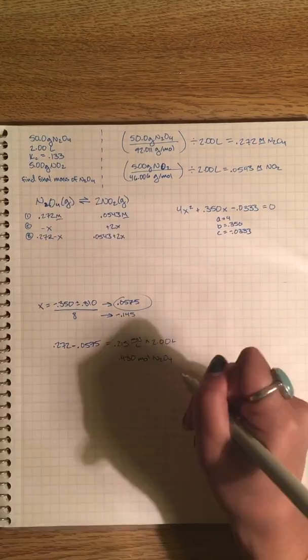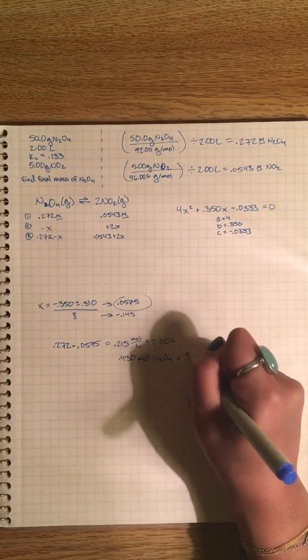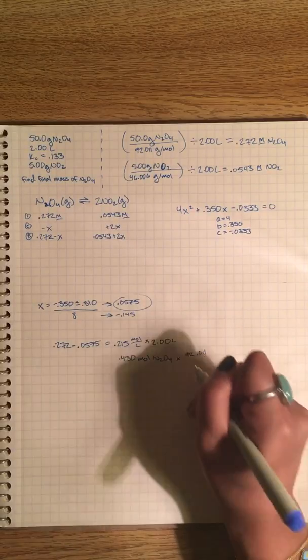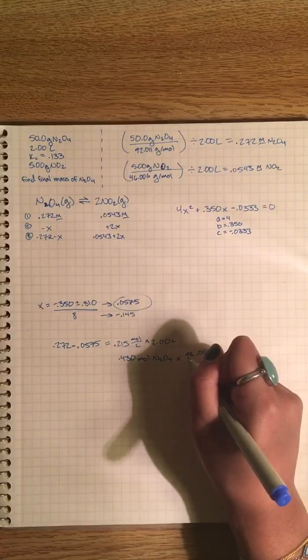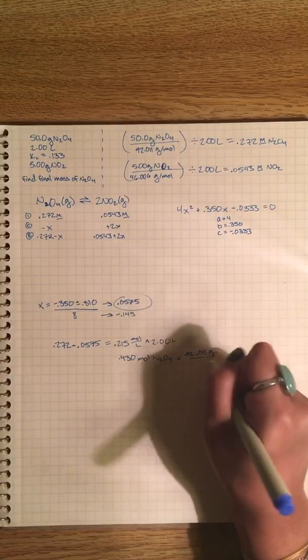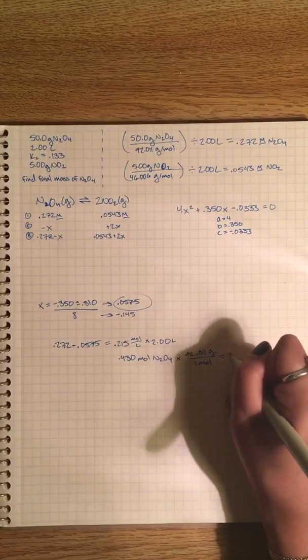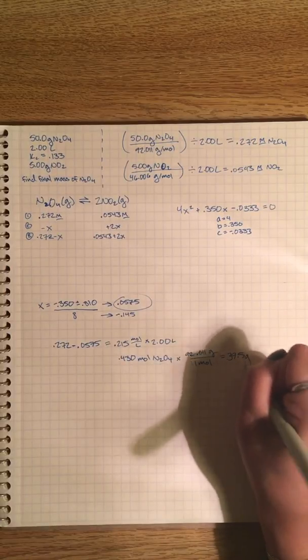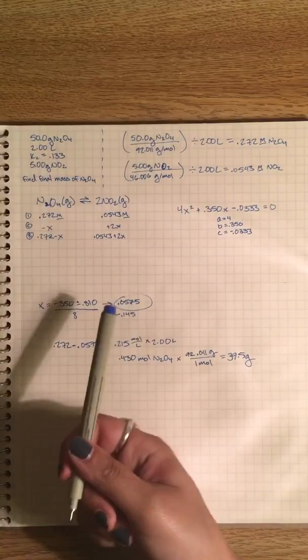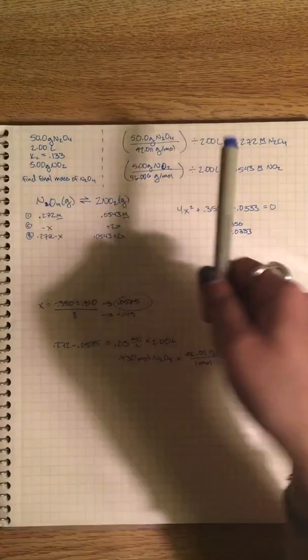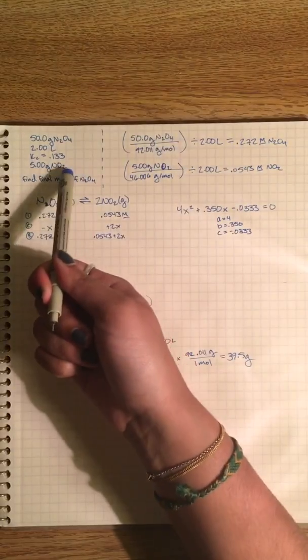And then to get that into grams, we're just going to multiply it by the molar mass of N2O4, which is 92.011 grams per 1 mole. And then once we do that, we're going to get 39.5 grams.